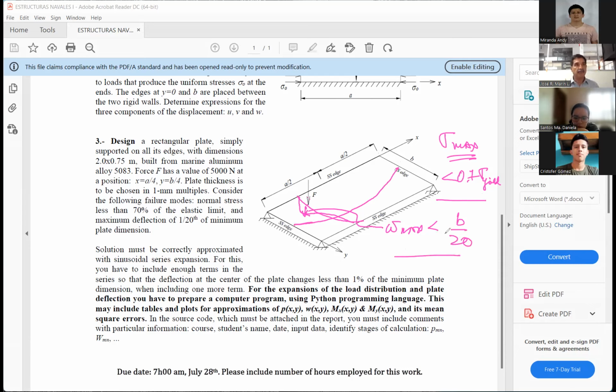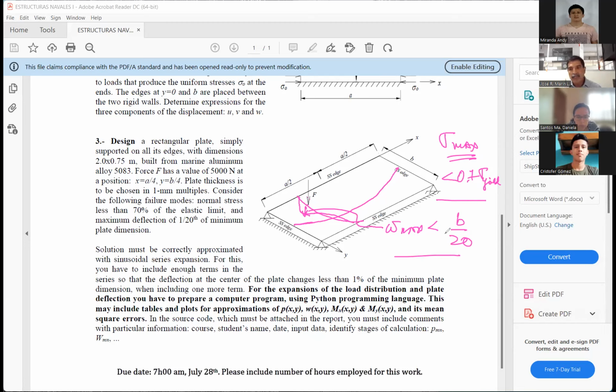So you have to select the thickness in order to get the stress to be less than 0.7 of the yield point. And also the deflection has to be smaller than B over 20.